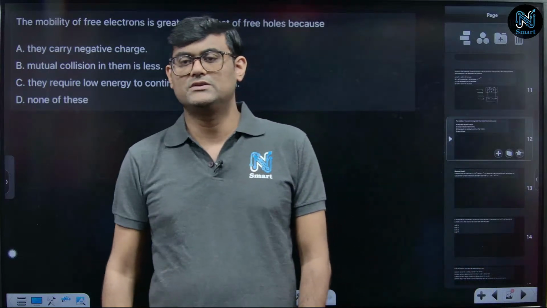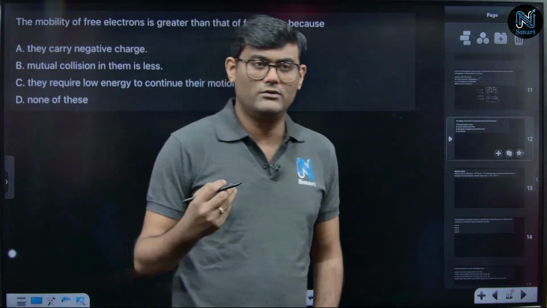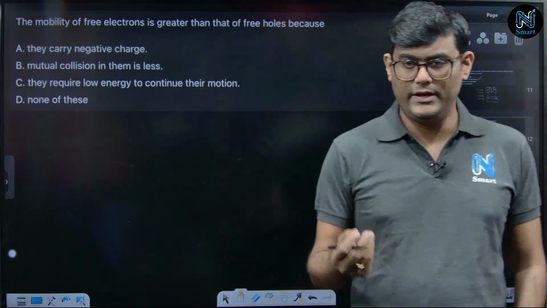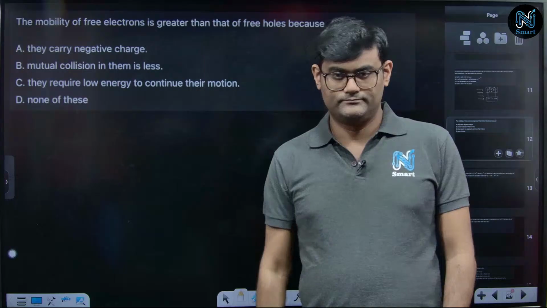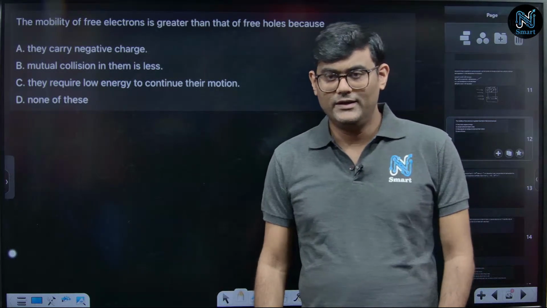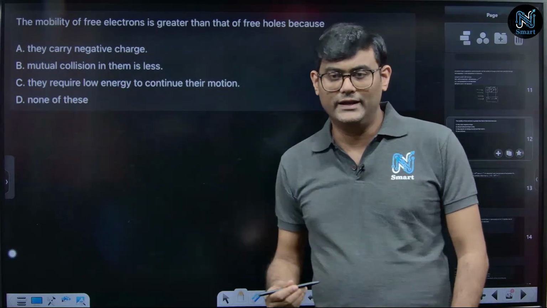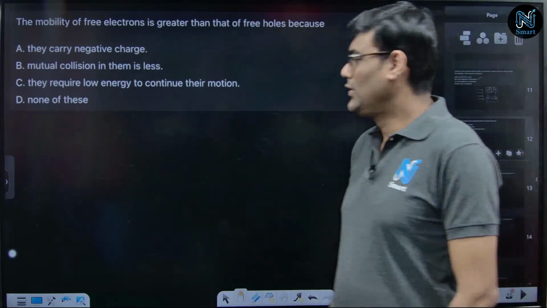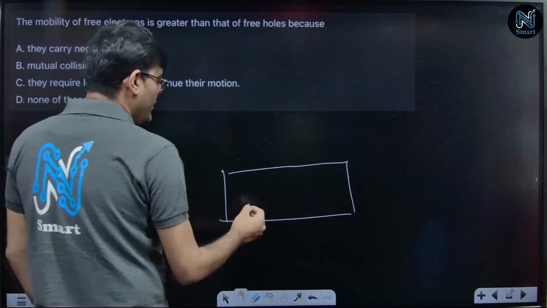Can you think about the situation? When holes are created in the valence band, one electron has to break a bond and then it has to occupy the hole. So that was the process of hole creation, right?